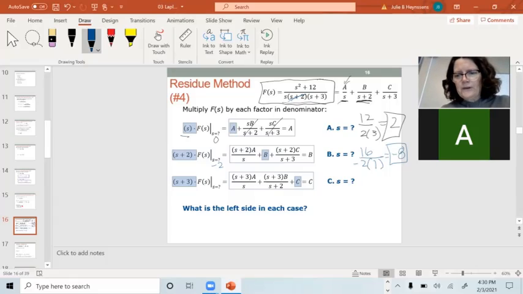So to find C, I'm going to erase this. To find C, what I'm going to do is I'm going to multiply by s plus 3, which gets rid of that factor, and evaluate it at s equals minus 3.